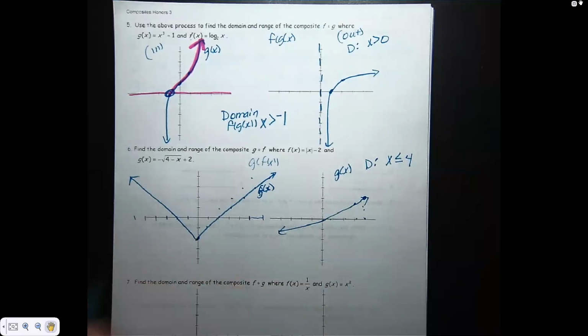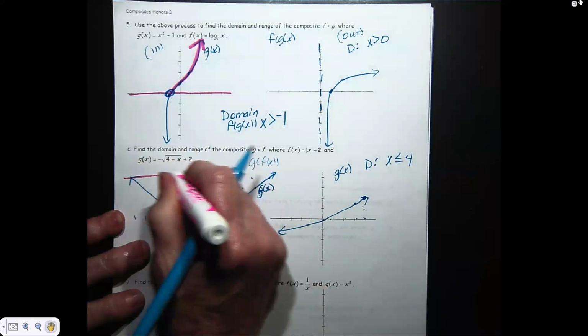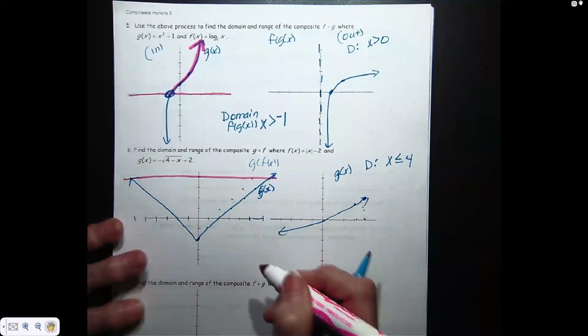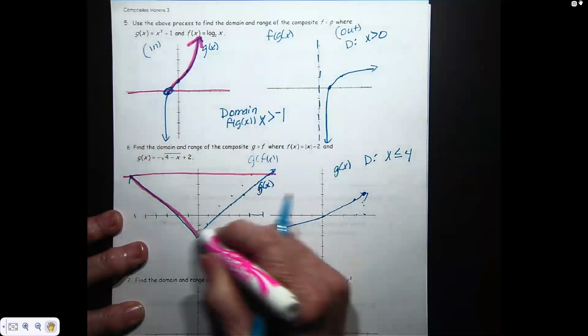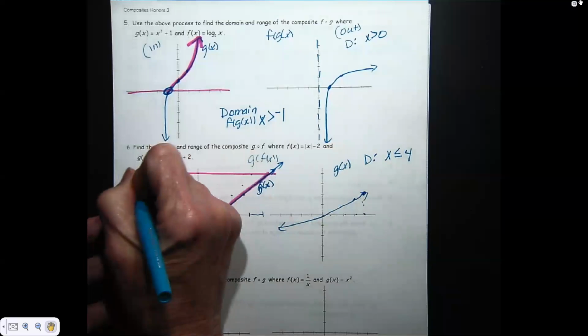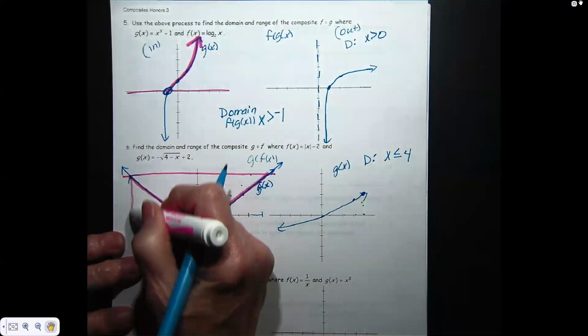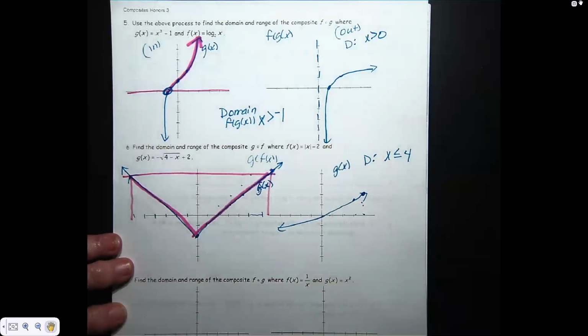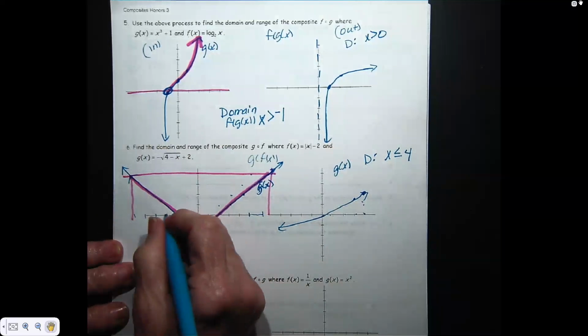So I'm going to come over to my inner function, 1, 2, 3, 4, and there is where this is equal to 4. So I need this piece of my graph, and I know this can extend out this way. So I need the x's that make that possible, which is going to be 1, 2, 3, 4, 5, 6.